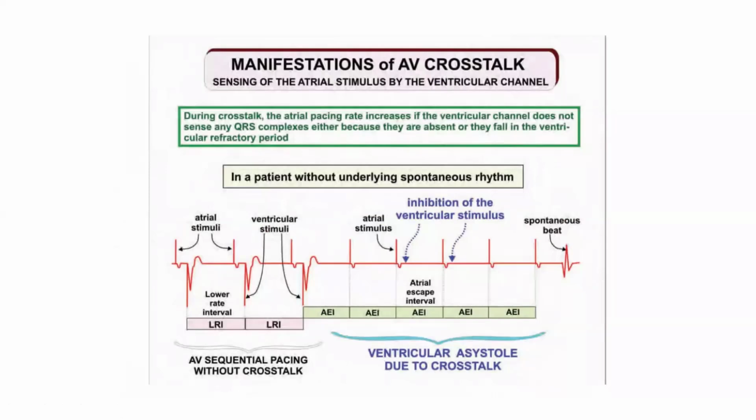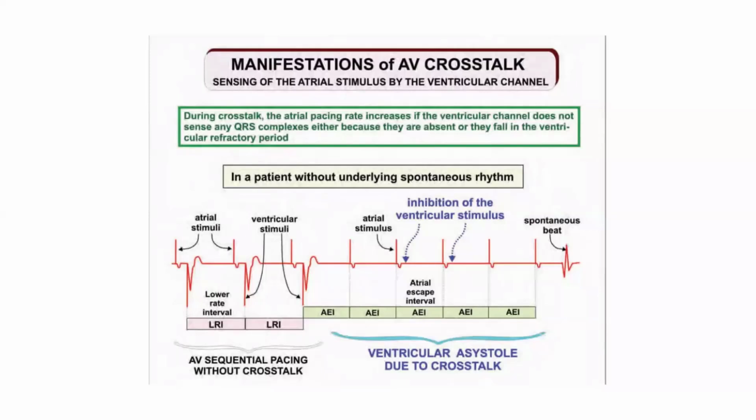What is this important problem? It is that if I have atrial pacing with an atrial spike, and this atrial spike is big, the ventricular channel sees this atrial spike, meaning it feels this electricity. For the pacemaker, any electricity seen above a certain level is interpreted as a QRS complex.